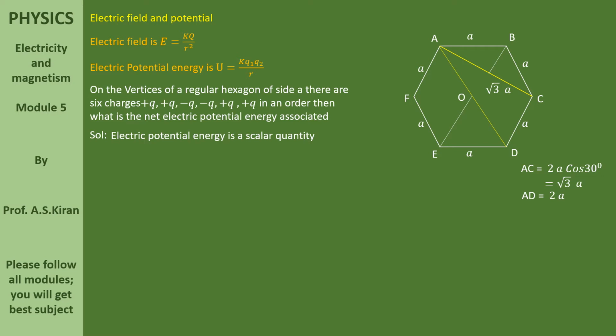So here we are going to have the values: AB length is A, BC length is A, CD length is A, DE length is A, EF length is A, FA length is A. There will be some other diagonals also.